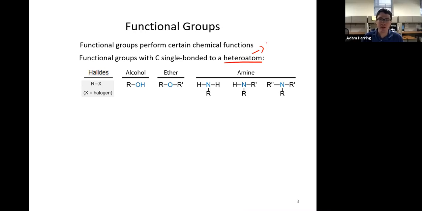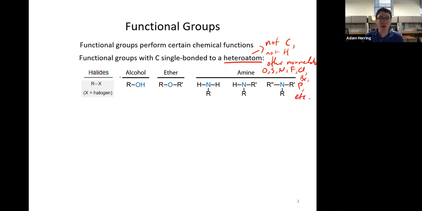This is essentially an element that is not carbon and not hydrogen. Generally speaking, we're dealing with other nonmetals. So commonly, this will involve oxygen, sulfur, nitrogen, fluorine, chlorine, bromine, phosphorus, etc.